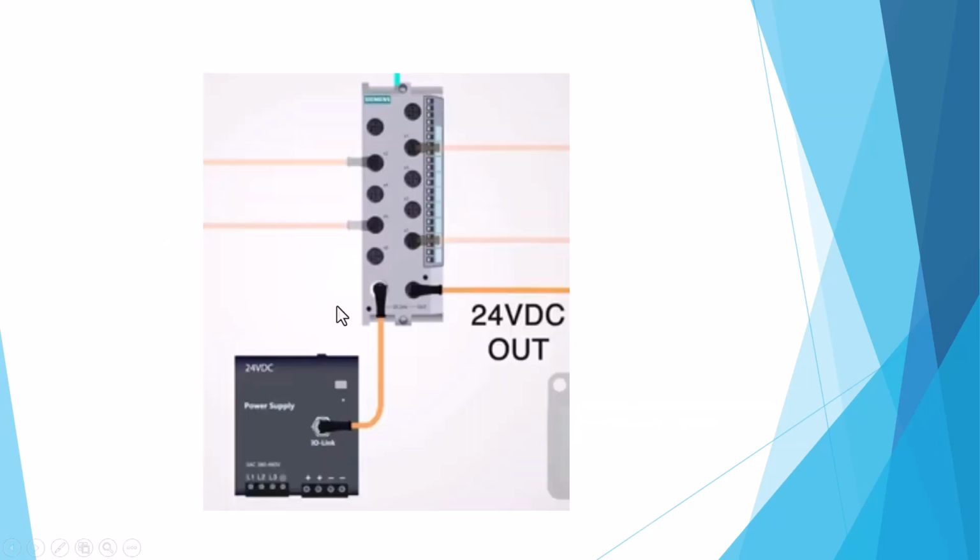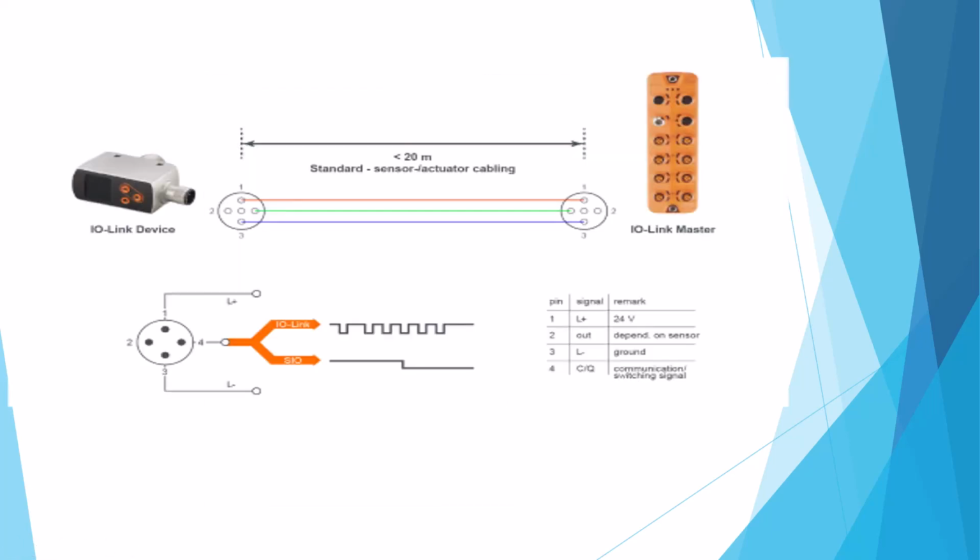This is how to connect the 24 V power supply to the IO-Link master. Okay, it's a 24 volts supply to the IO-Link master. This IO-Link device, this IO-Link master.